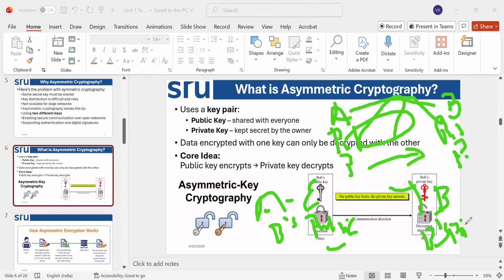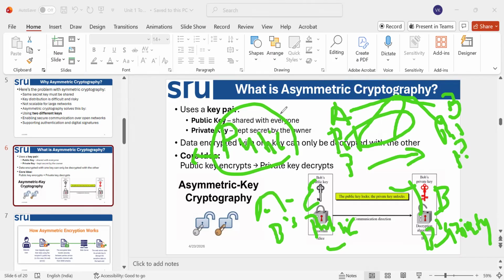One more thing: the key of the person used to encrypt must match the same person's key for decryption. So if B's public key is used for encryption, then we cannot use A's private key for the decryption.